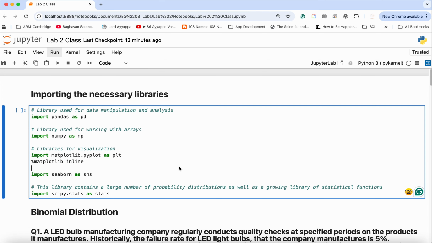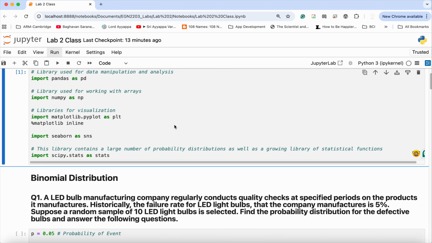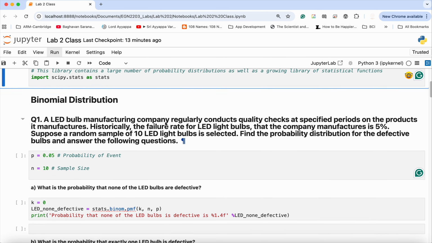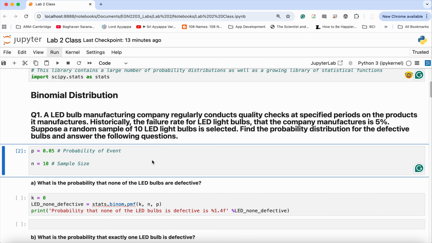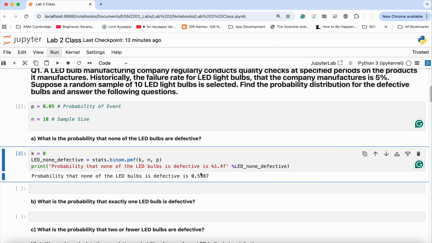Let's run this. I run the first cell block, which imports the libraries, then sets p and n, and then this one. What do we get? The probability that none of the LED bulbs is defective is 0.5987, which means around 59.87%. That is the probability that when I draw 10 bulbs, none of them are defective.